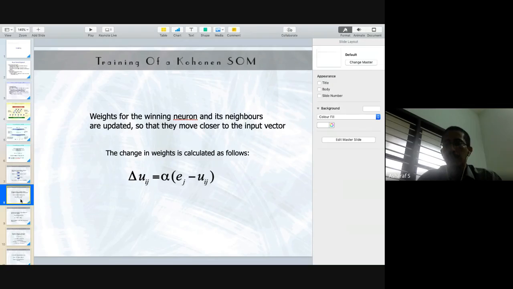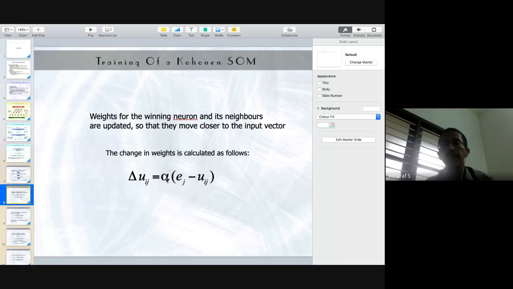Essentially, the weight update formula is as follows. x_j is the input, and u_ij is the weight vector corresponding to the ith neuron, so u_ij is the jth dimension of that weight vector.